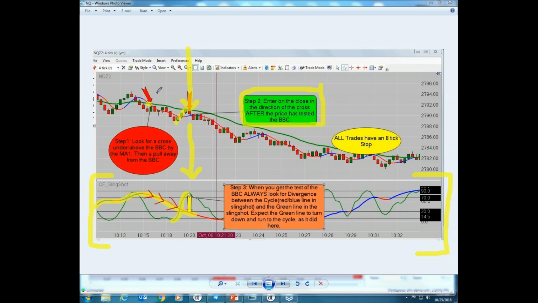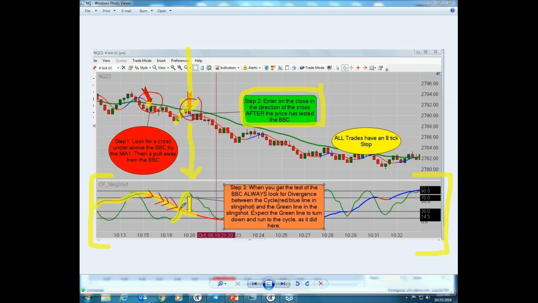Okay? We identified the price action up here as being bearish. We identified step number 2 as, hey, the normal thing is happening. The market pulled back to the BBC and had a down close. It's red. This is red. The cycle should be then red. And this is saying, hey, the trend line's down.